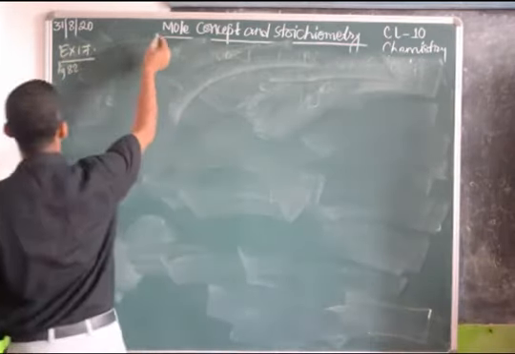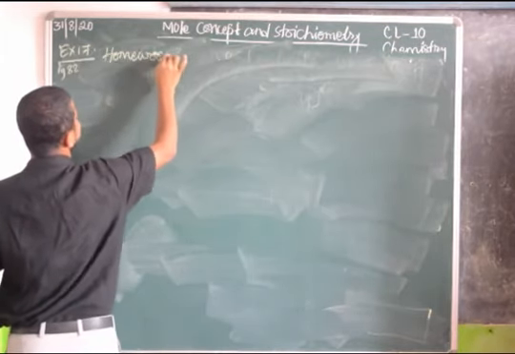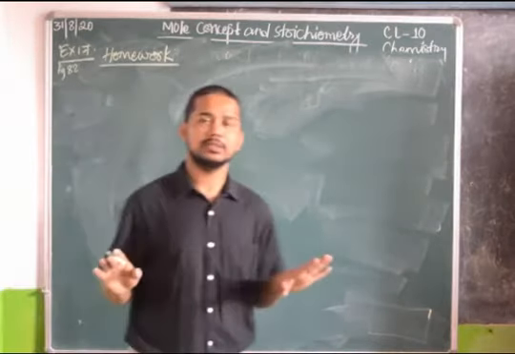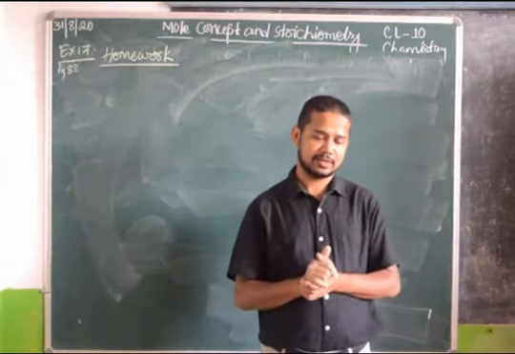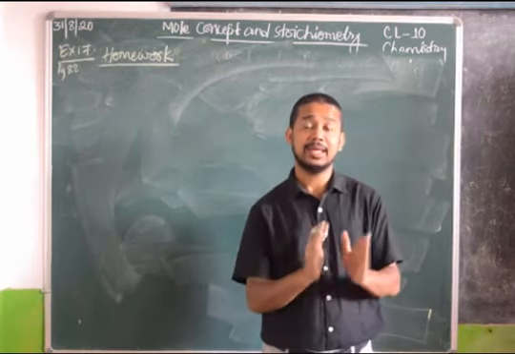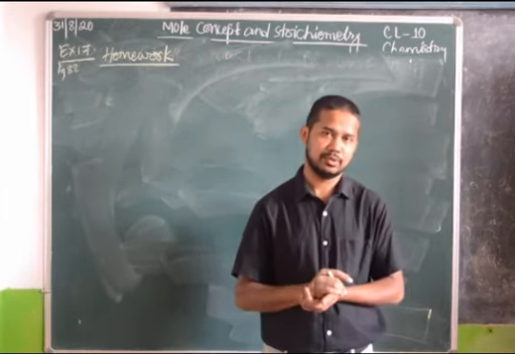Homework. So this 17 is your homework. The exercise is already done in the book. You just go through it and try to learn it. If there is any problem, you can ask me through WhatsApp or through phone.